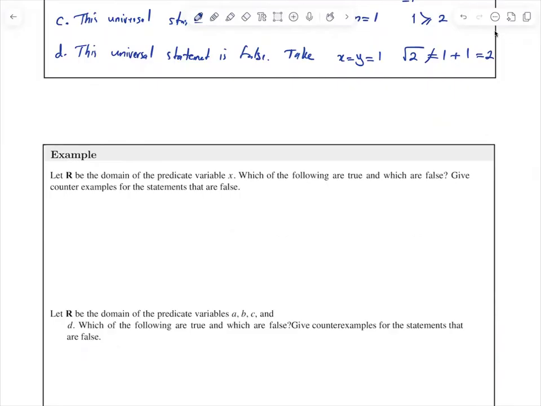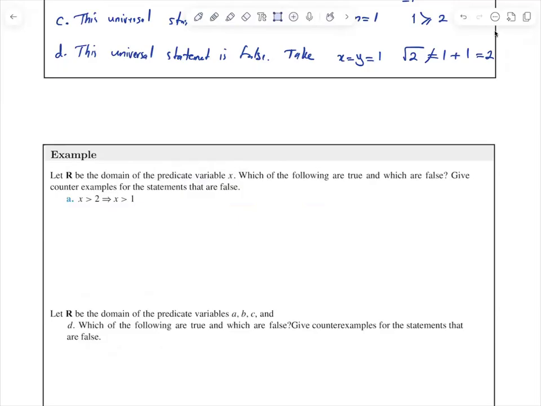So let's take a look at these statements.